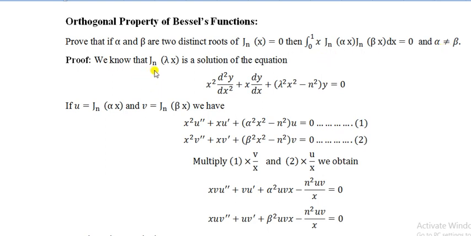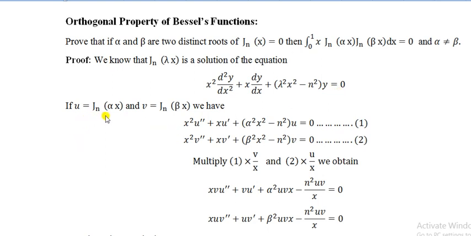We know that Jn(lambda x) is the solution of the equation x squared d²y/dx² plus x dy/dx plus (lambda squared x squared minus n squared) y is equal to 0.